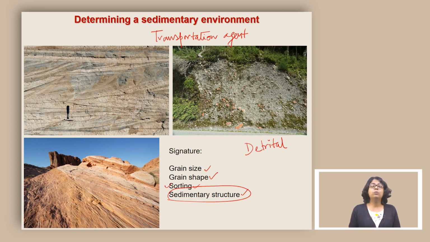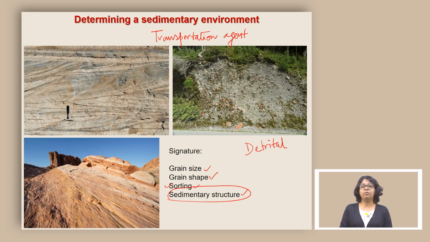Grain shape also gives us a number of clues, because wind is going to carry very fine particles and it is directed in different directions. Probably you are going to find very round shaped grains of these fine particles. Whereas in glacier, when it moves, part of it is always in contact with the base, and the rocks which are at the bottom are going to be scraped because they are always at friction with the base level.